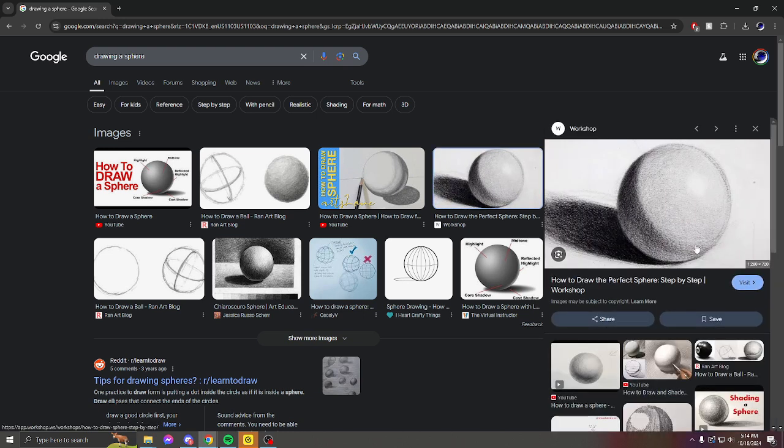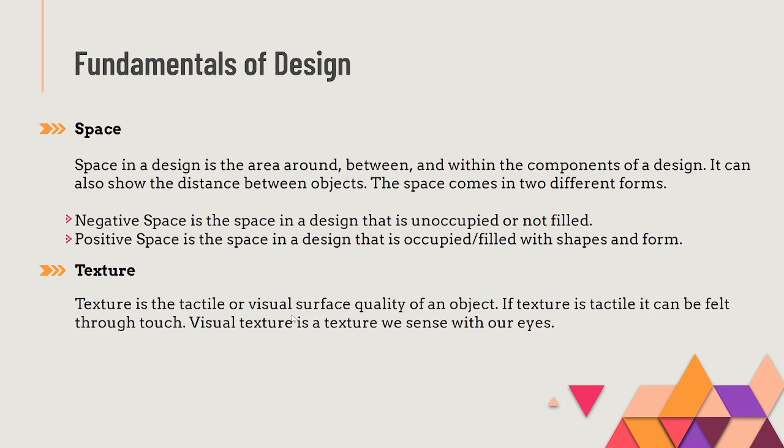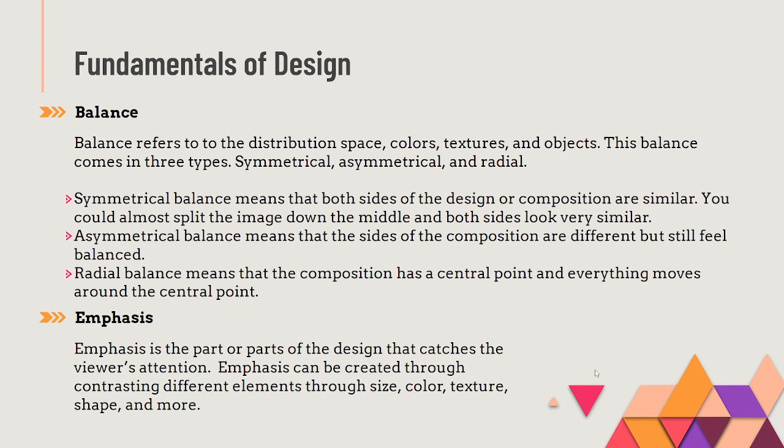We have a gradation here that shows that this has a shape and it has mass, because we've gone from a really bright white and slowly graded it down to black to show its space, like where it is in space. So that's its value, if that makes sense at all. If you guys don't entirely understand this, then I'll explain it more. They're kind of similar, but kind of different at the same time, which is confusing.